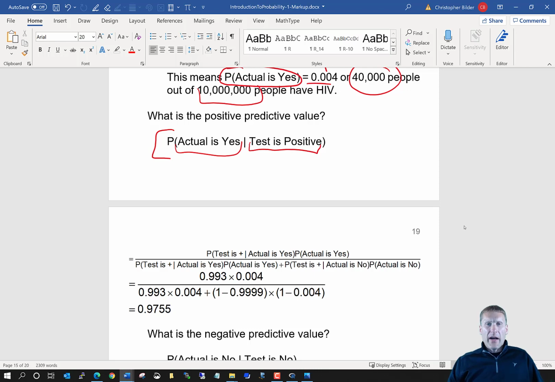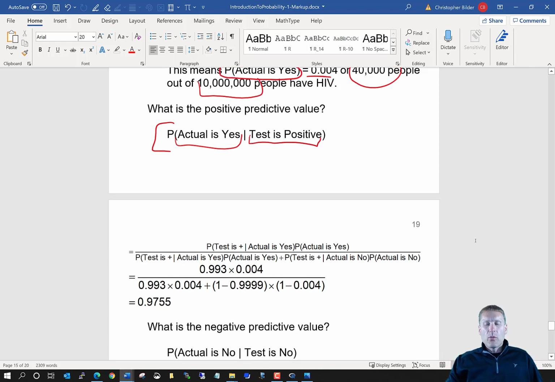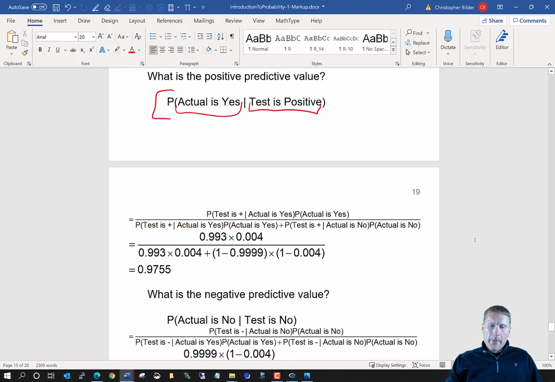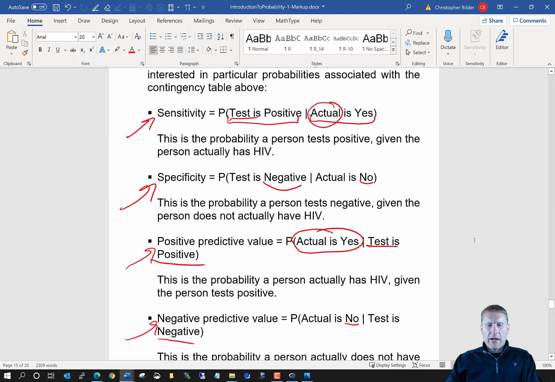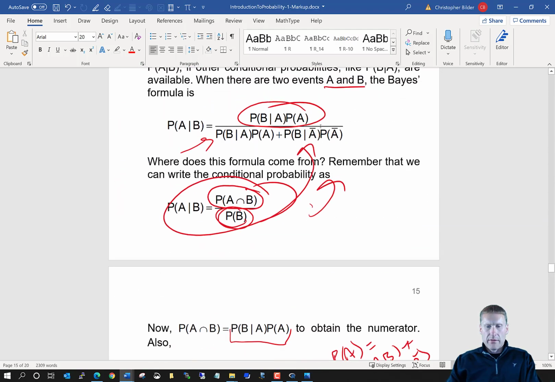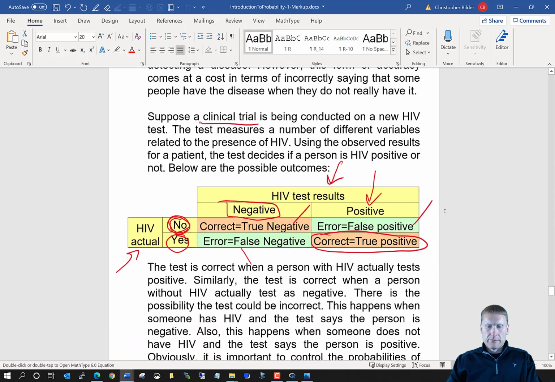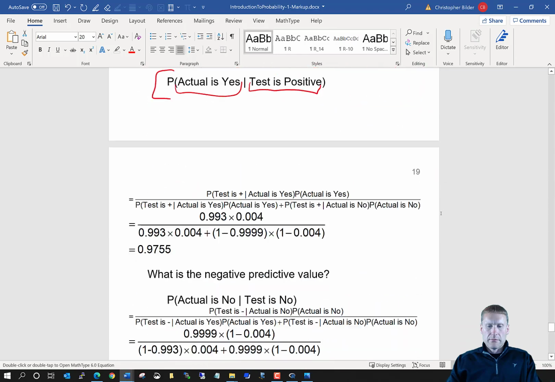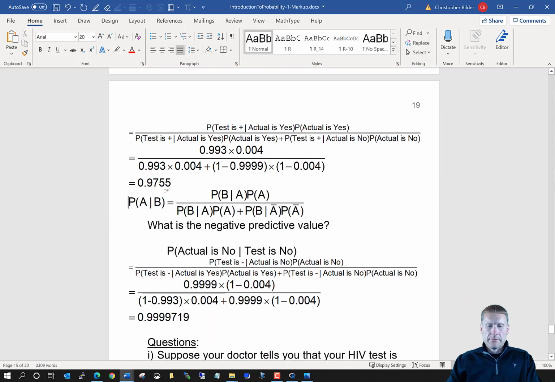So how would we find that in this kind of situation? Well, this is where Bayes' rule comes into play. So let me copy and paste that from before. Okay, so there's what Bayes' rule was.